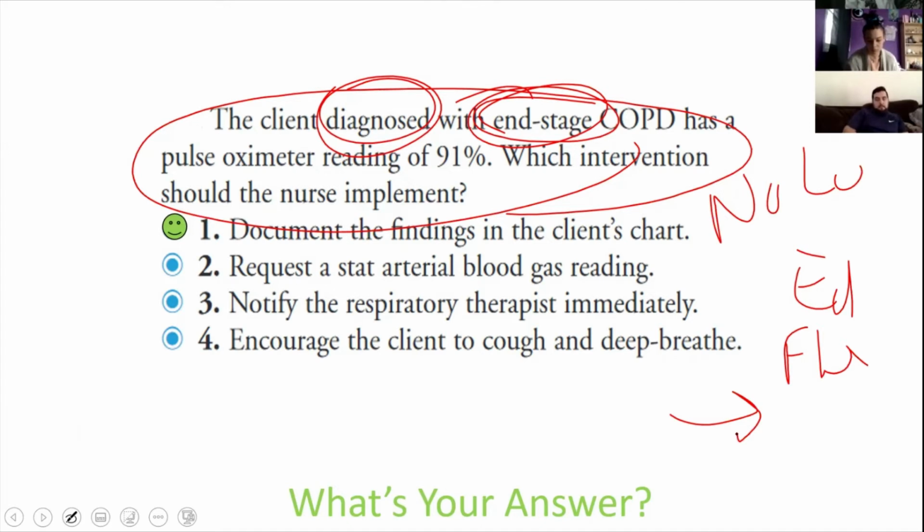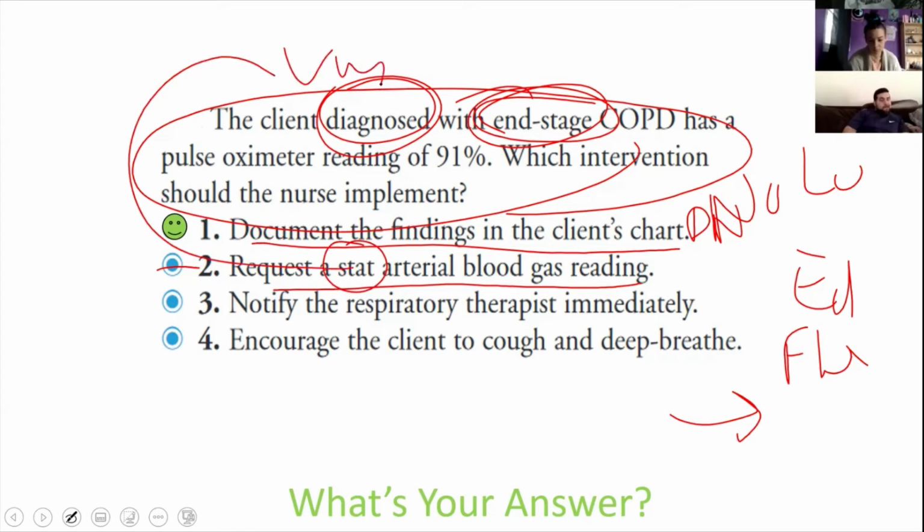All right. So document the findings in the client chart. Well, that's a do nothing, but let's see what the other ones say. Okay. Request a stat arterial blood gas. All right. Well, what's the patient look like? Do I always do a stat? Do I do stat information based on vague data?